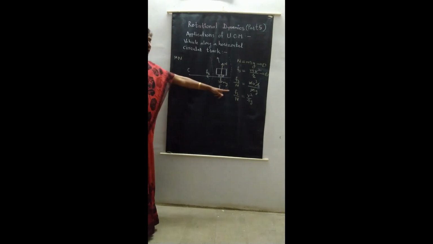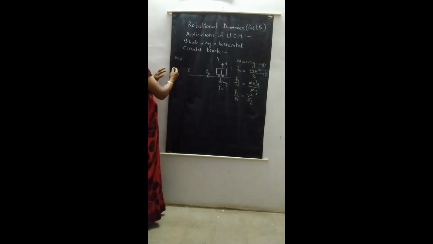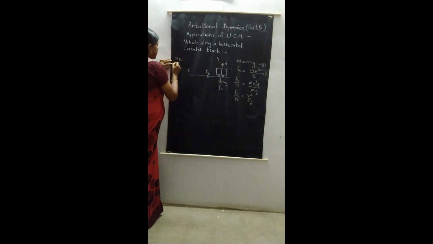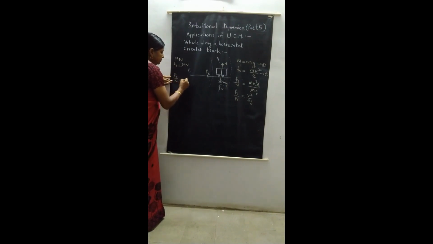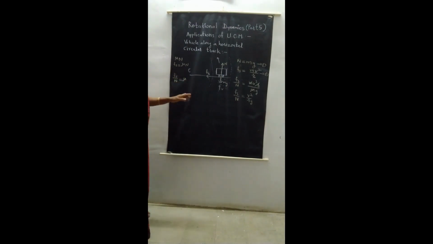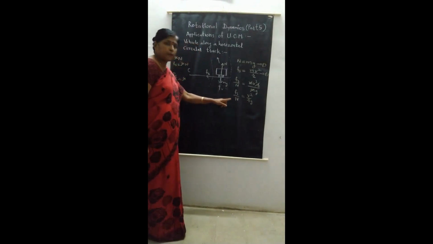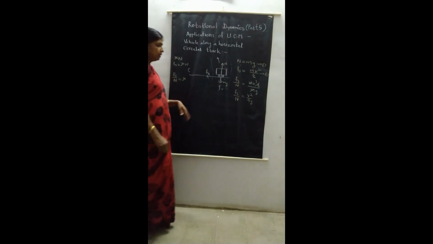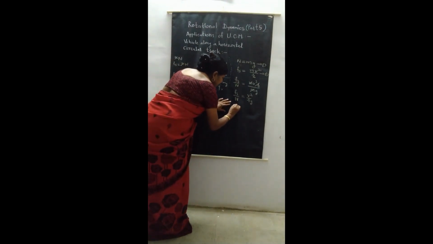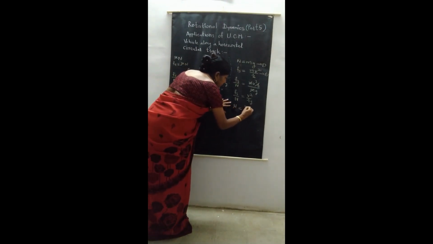So when we write it in the form of an equation, we get Fs is equal to mu into N. Therefore, Fs divided by N is equal to mu. Therefore, we will substitute the value of Fs upon N as mu. Hence, we write here mu is equal to v square upon rg.